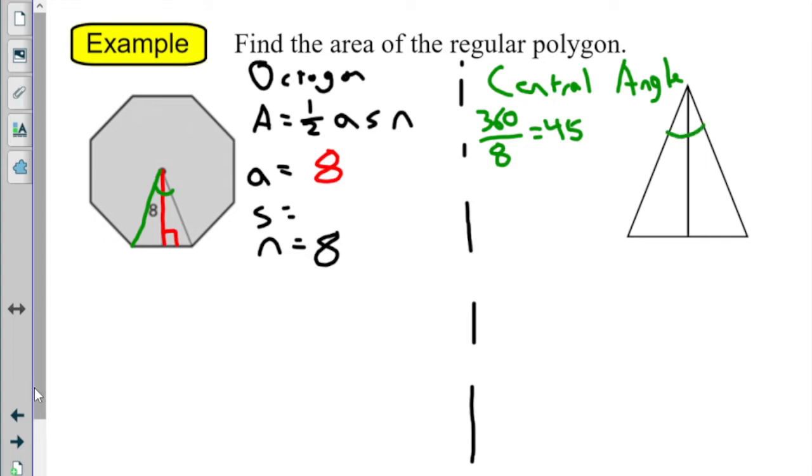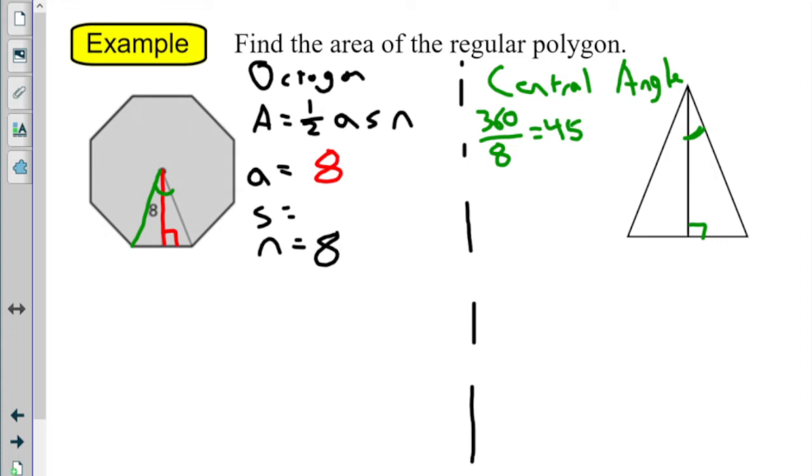So I know this angle is 45 degrees, but I don't want that angle. The reason I don't want that angle is because it won't help me in solving the actual right triangle that we're going to be solving. So to get the right triangle, I just want this little piece of the angle.